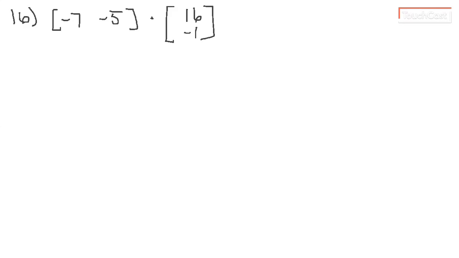So let's now look at example 16. We're going to have negative 7, a row matrix, negative 7, negative 5, by a column matrix, 16, negative 1. So we can do this one pretty quick.